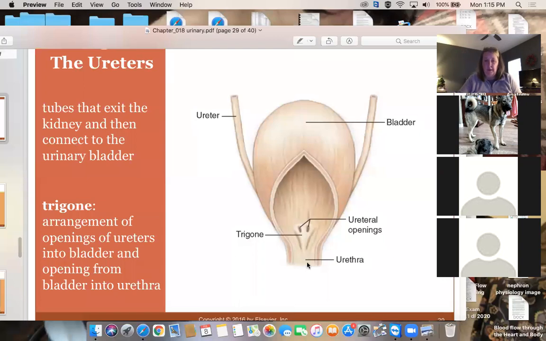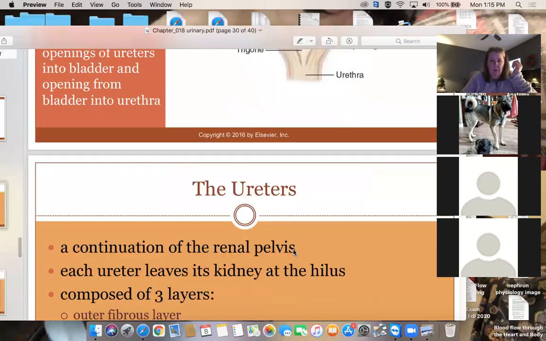And this is where it enters at the trigone. And then right after this is the urethra. And the urethra is the tube that leaves the bladder to take urine outside the animal. Okay.